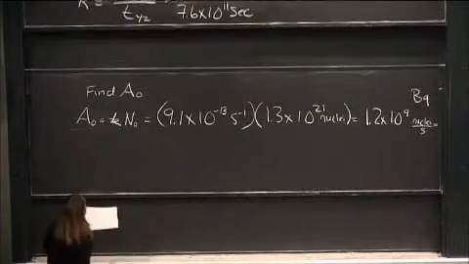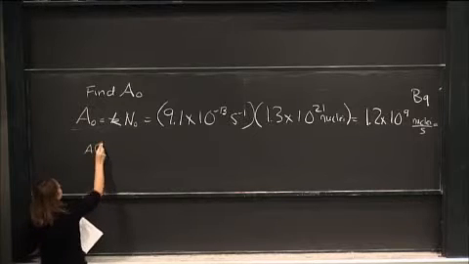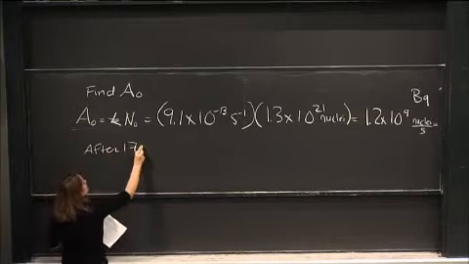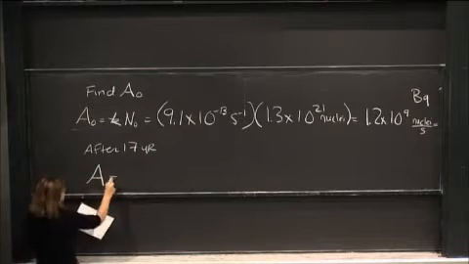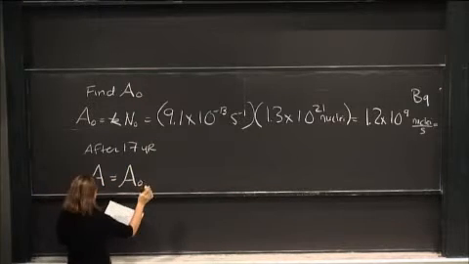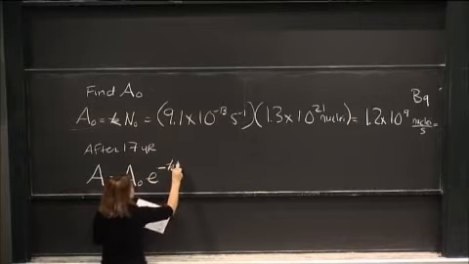OK. So now, after 17 years, we can say that the activity at some time is equal to the original activity, e to the minus kt.